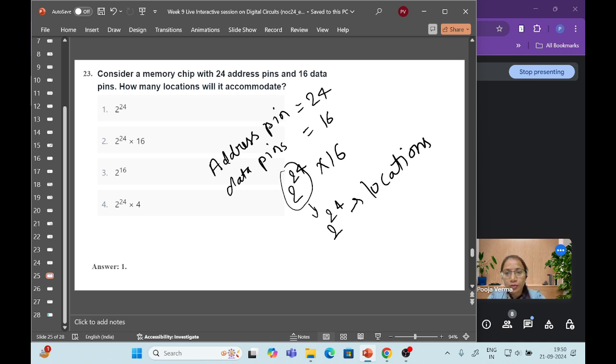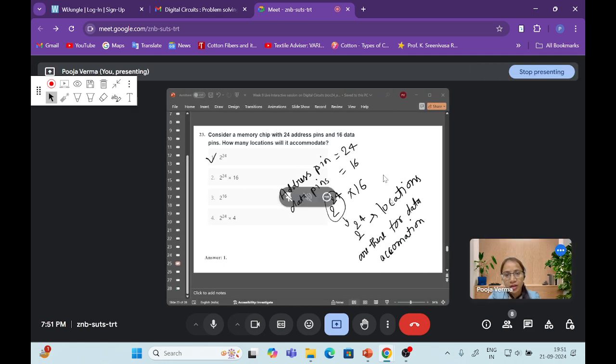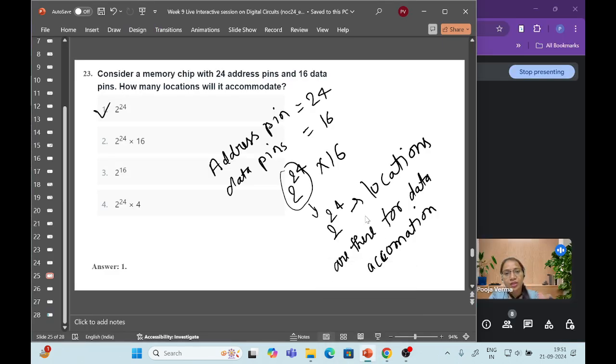2 to the power 24 locations are there for data accommodation. So 2 to the power 24 is the correct answer. And the 16 are the data pins where we have to send the data.